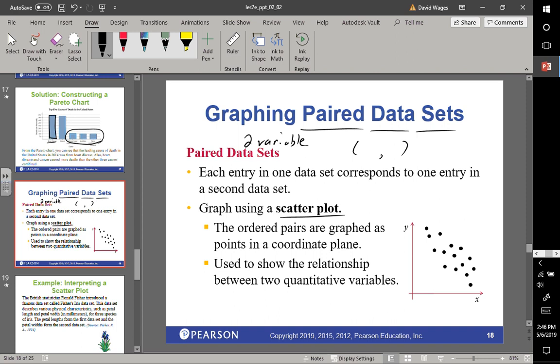And a scatter plot is just what we normally think of as a regular graph, where each point has an x and a y value. So we have one variable in the x. It could be somebody's height, it could be weight, it could be time, and then we have another variable in the y direction. So we can make a scatter plot.